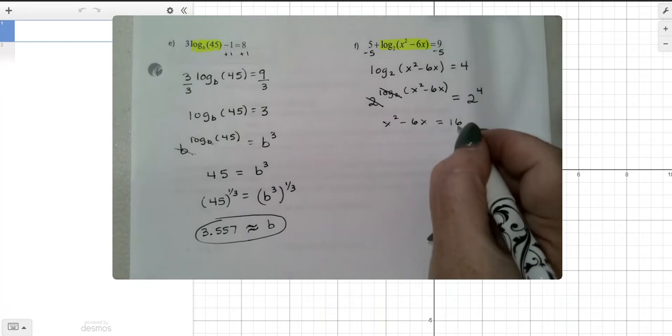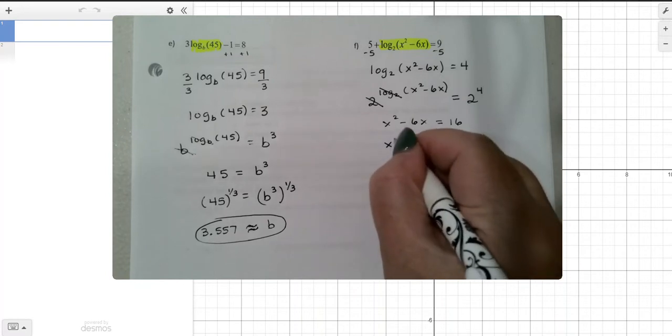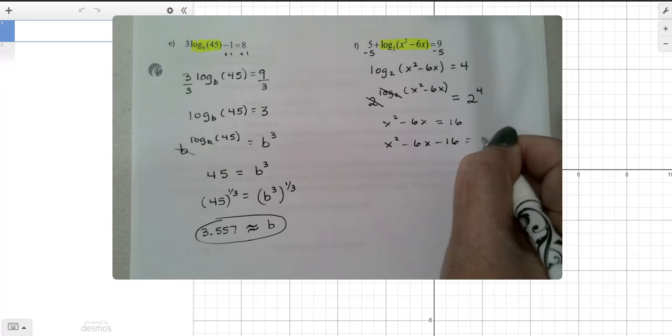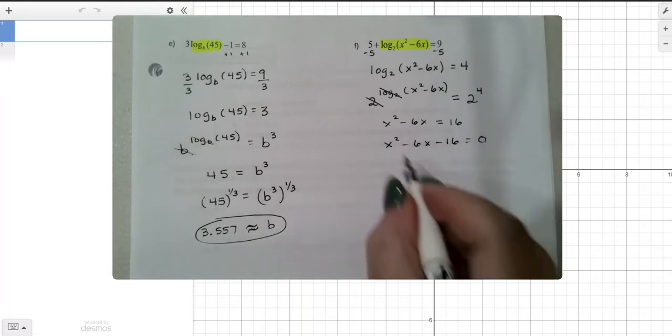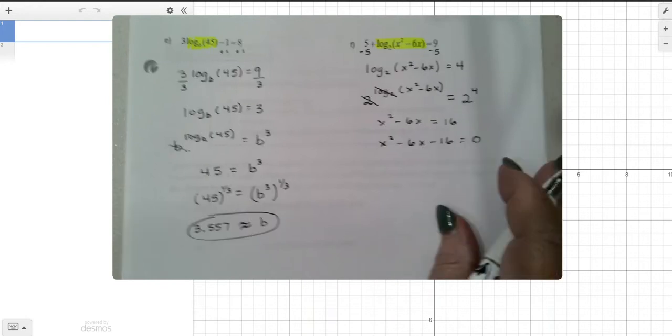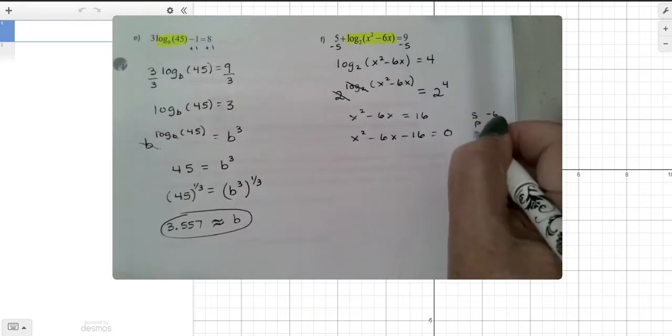Let's see. That's quadratic. And to solve a quadratic equation, I'd like it to be equal to 0. So let's subtract the 16 to get 0 on the right-hand side. 3 terms, so I can go with sum and product. I am looking for a sum of -6 and a product of -16.